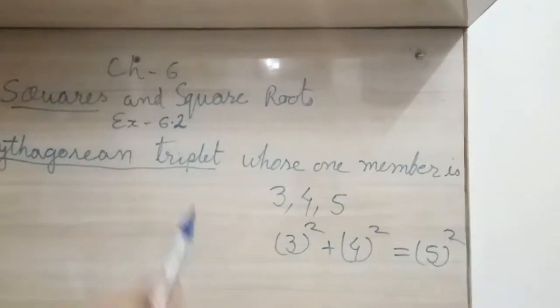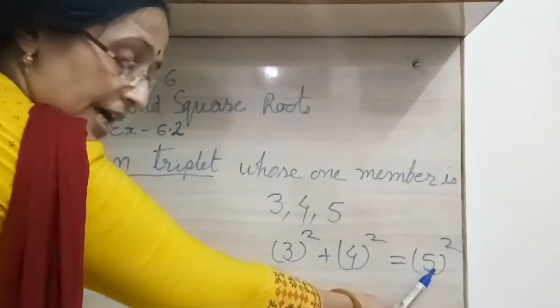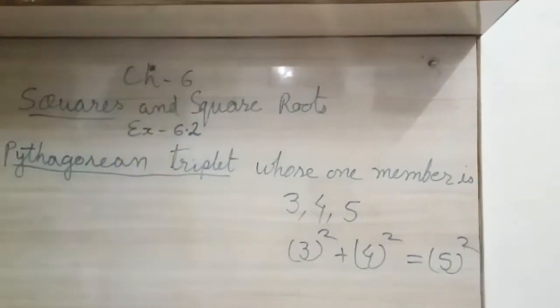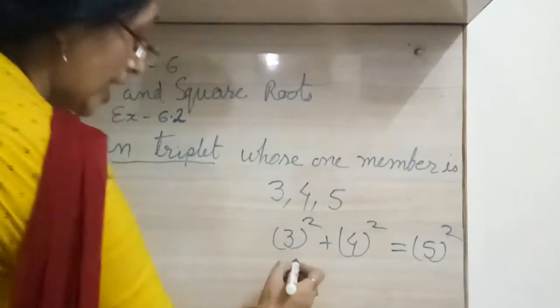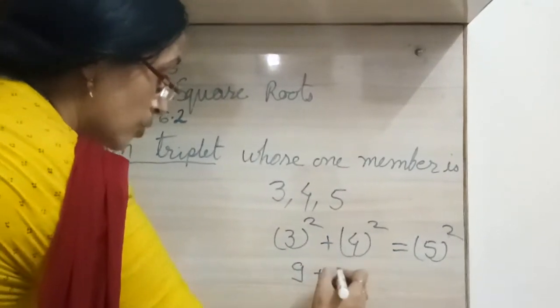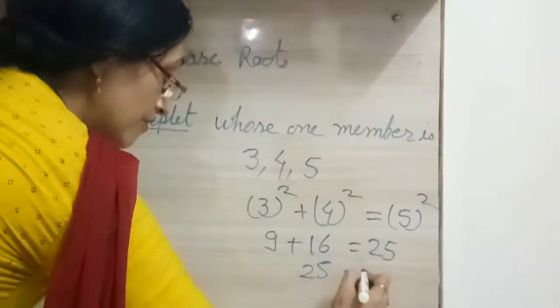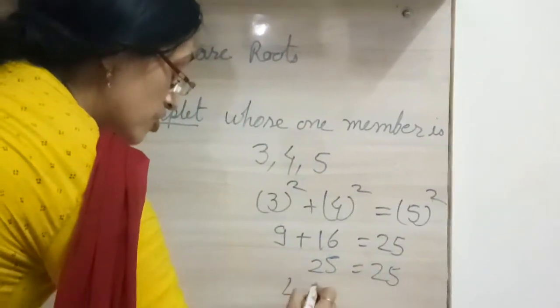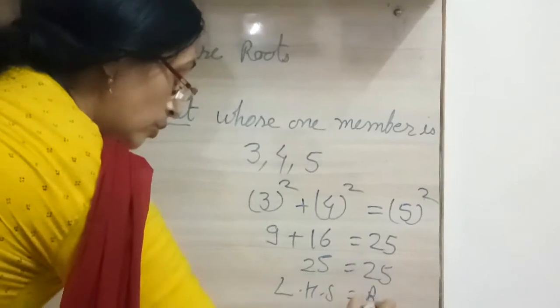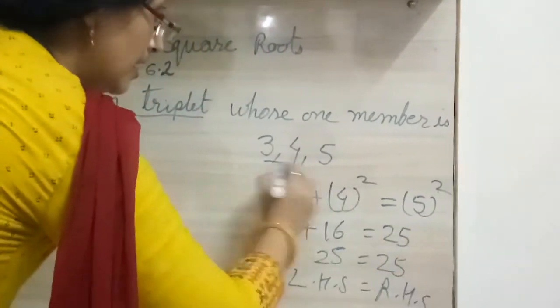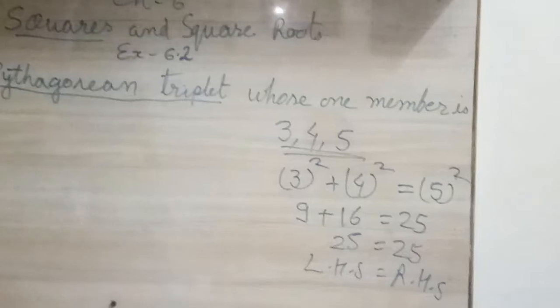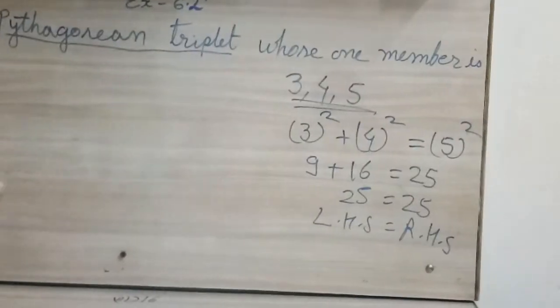The largest number will always come on that side and the other two smaller ones will come here always. So let's check. 3 square is 9, 4 square is 16, so it's 25, and here it is 25. LHS is equal to RHS. Thus 3, 4, 5 makes a Pythagorean triplet, a set of three numbers.